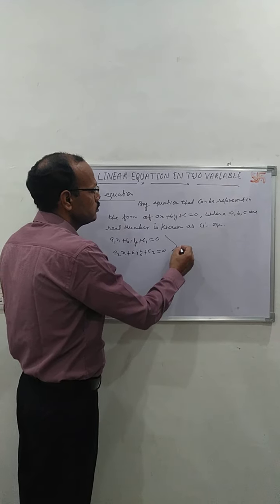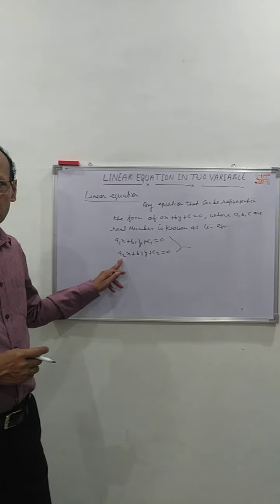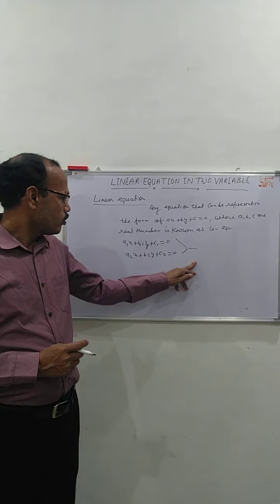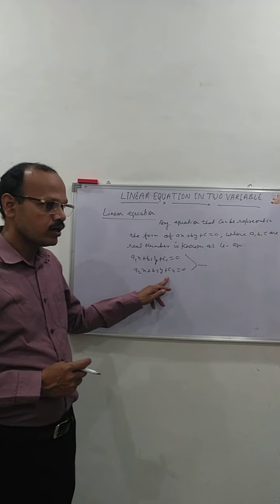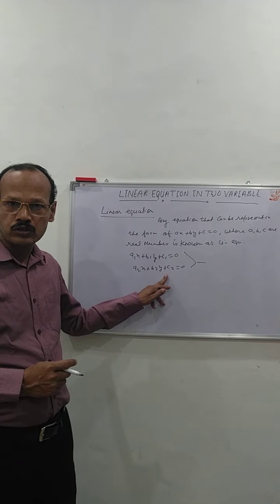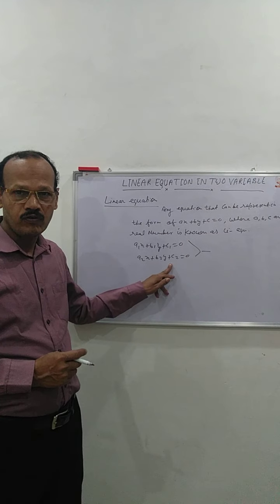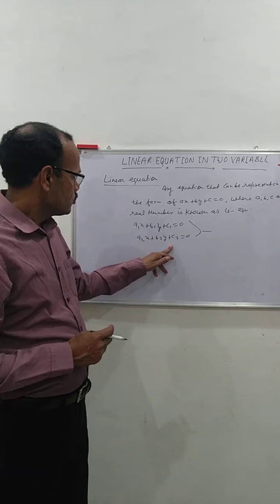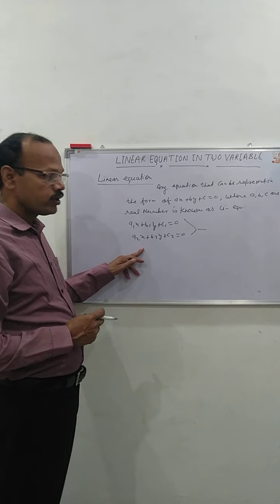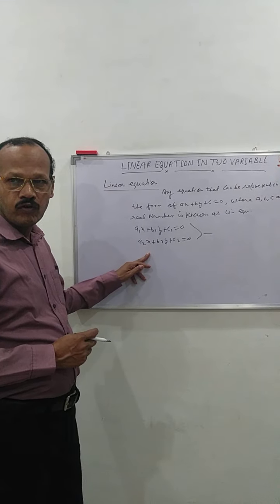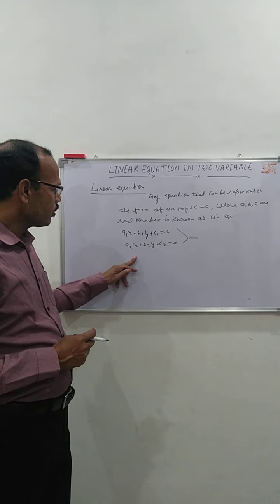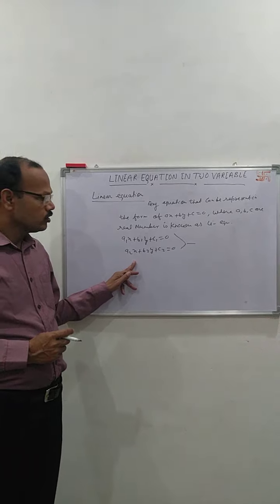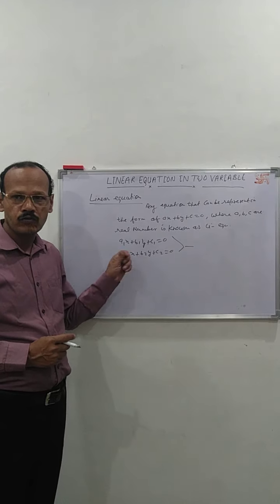These two equations are said to be a linear pair of equations. When we find the value of x and y, we consider two equations in two variables. Besides this, how can we find the value of x and y? For that, there are two methods by which we can find them.